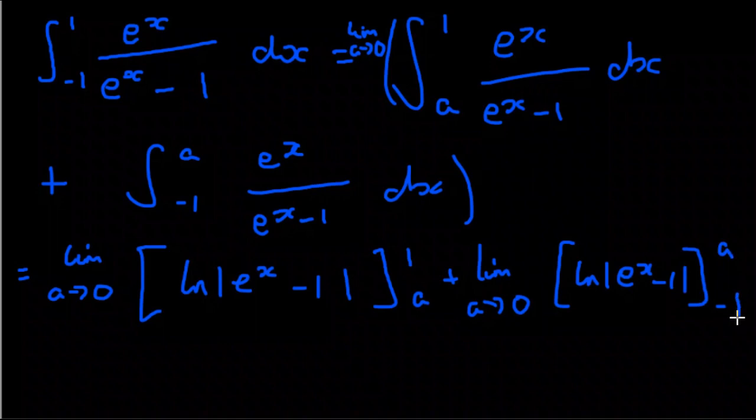But we can see as we sub in to check the limits, we get x is equal to a, so we have e to the a minus 1, and then as a tends to 0, we essentially get that ln of e to the a minus 1 tends to ln 0, which doesn't exist, so this integral diverges.